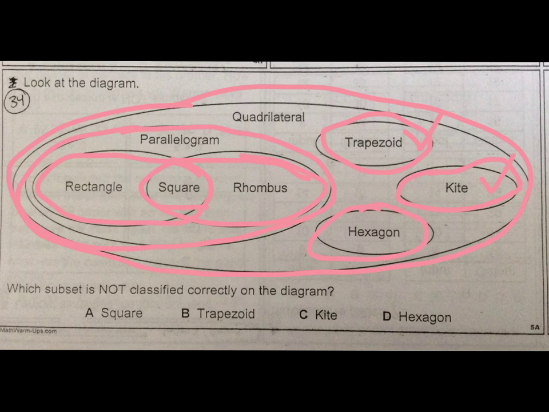It has one pair of parallel sides, and that's all that's specific about it, but it has 4 sides. And a rhombus is, a rectangle is, a square is, they are all parallelograms. Hexagon happens to be a 6-sided object, so it isn't accurately fitting in this piece of the puzzle very well.